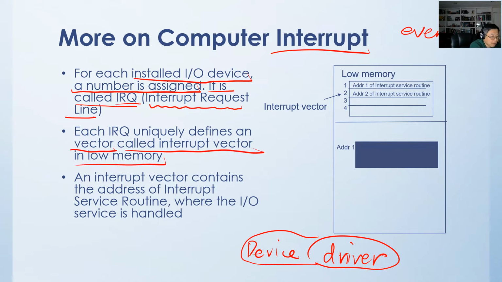Okay, so let's take a look. Suppose this is the computer memory. Once you load the computer operating system, in the lower memory side you're going to load the whole operating system. It's a software. And one of the tables you're going to load is called the interrupt vector.